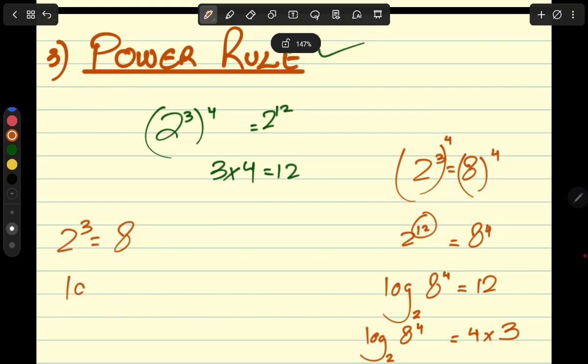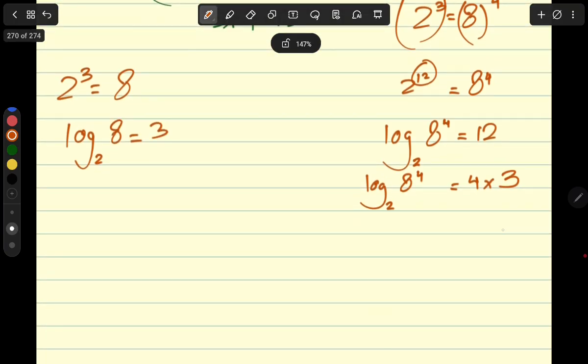And we can rewrite this as log 8 to the base of 2 is 3. And instead of 3, I can write log 8 to the base of 2, right? So here you go. The argument with the power 4 becomes a coefficient of the logarithm with the same base. So notice what happened. The power came in front of the logarithm, or it became the coefficient.